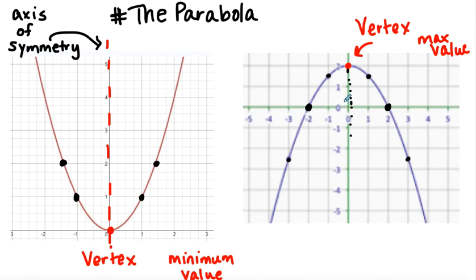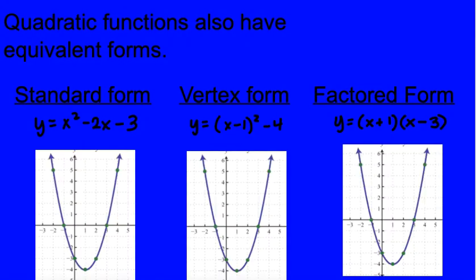Now we're going to spend a lot more time on the parabola, but I wanted to really spend today just introducing to you and reviewing the equivalent forms. So here we go. Quadratics, just like lines, have three equivalent forms.